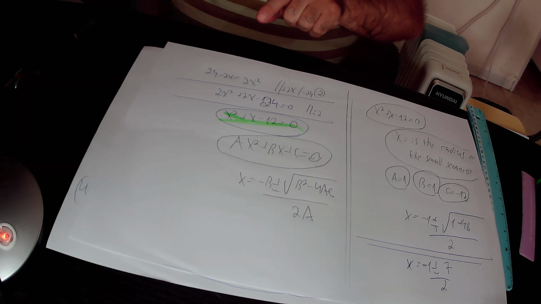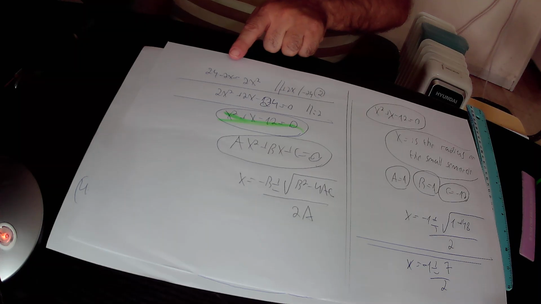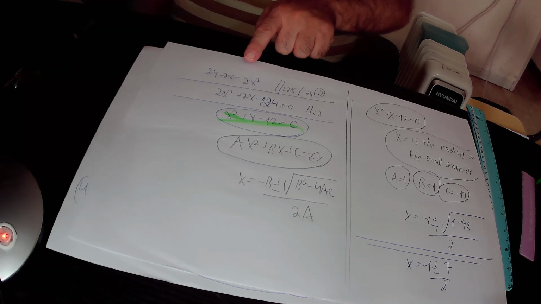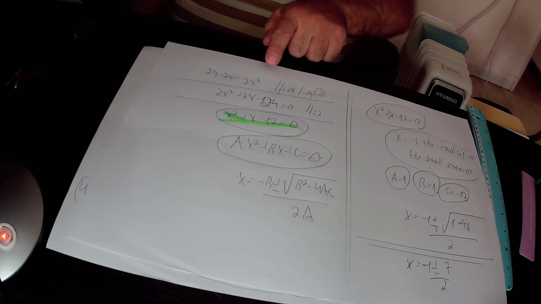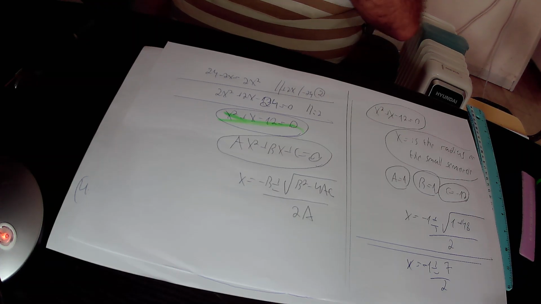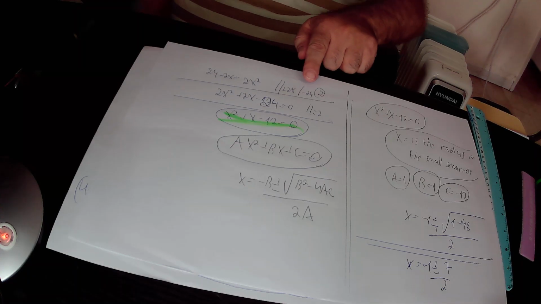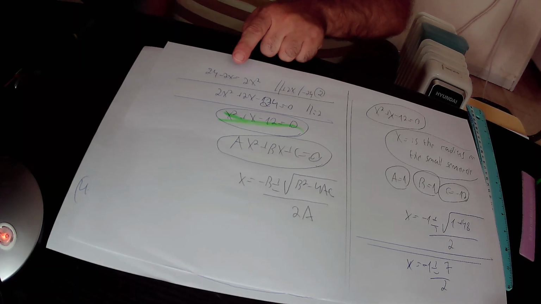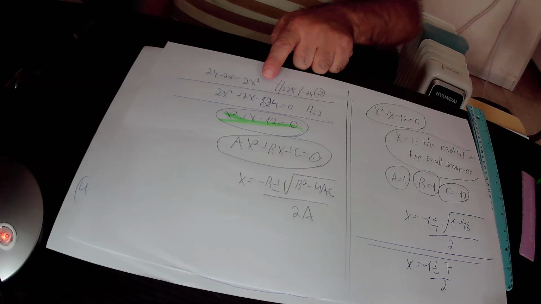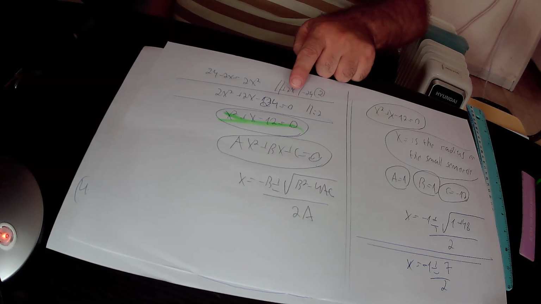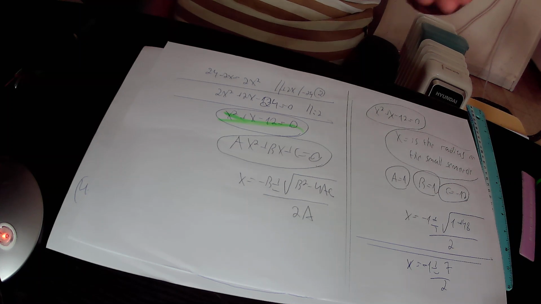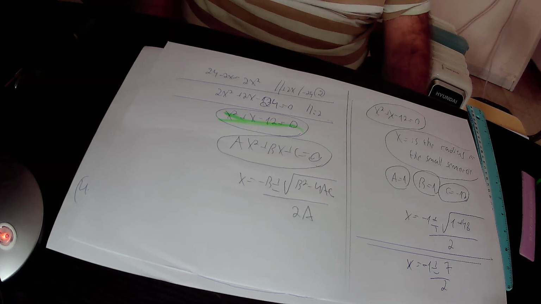Here we added 2X and also subtracted 24 simultaneously from this equation, and finally found that 2X squared plus 2X minus 24 equals 0. Here we divided this equation by 2 and finally found that 2X squared over 2 is X squared, plus 2X over 2 is X, and minus 24 over 2 is minus 12, equals 0 over 2 is 0. So in total we found that X squared plus X minus 12 equals 0.